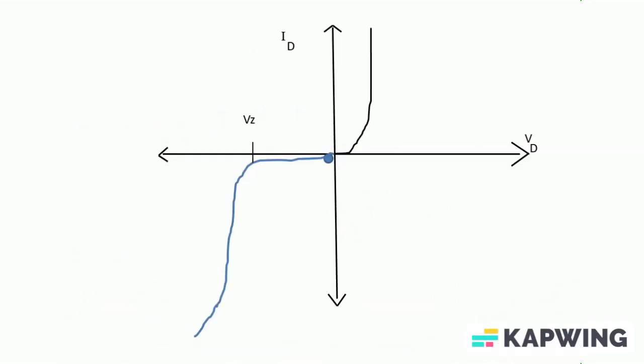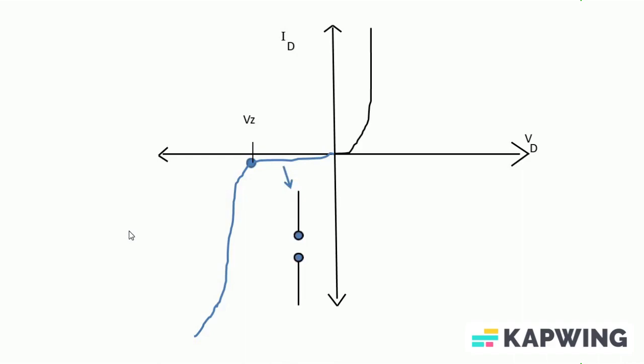And as you can see in its characteristic curve, it conducts normally like a normal PN junction diode in the forward region, but when it comes to the reverse region, as long as the applied reverse voltage is less than the value of this Vz, the breakdown voltage, the diode behaves just like an open circuit.